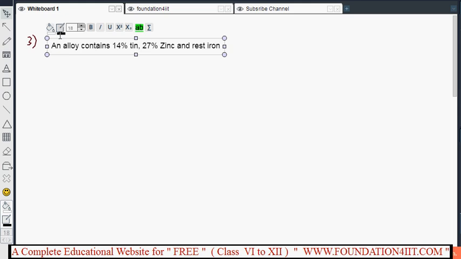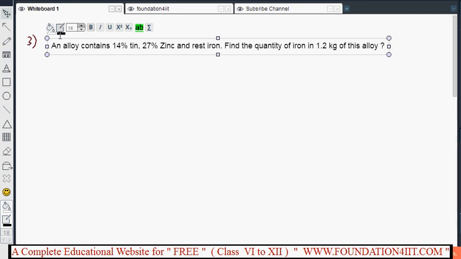So remaining percentage is iron. Now find the quantity of iron in 1.2 kg of this alloy.